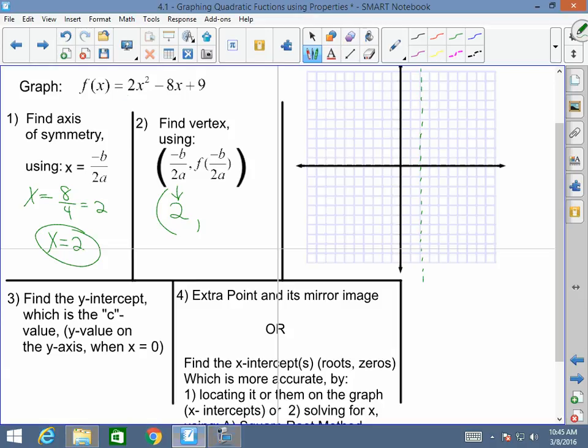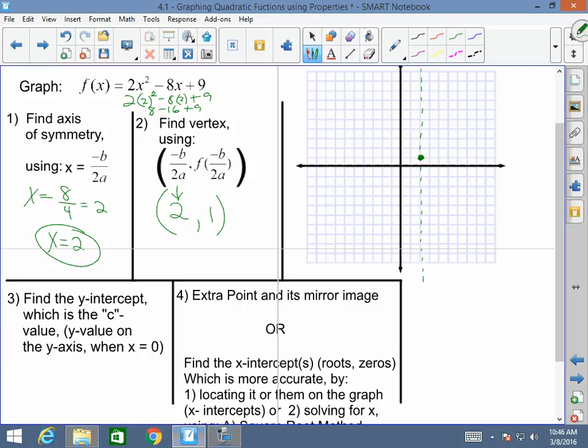All of these skills we've done before. So this is 2 times 2 squared minus 8 times 2 plus 9. 2 squared is 4. 4 times 2 is 8. 8 minus 16 plus 9. 8 minus 16 is negative 8. Negative 8 plus 9 is 1. So my vertex is (2, 1), which is right there, and I go ahead and label that as well.